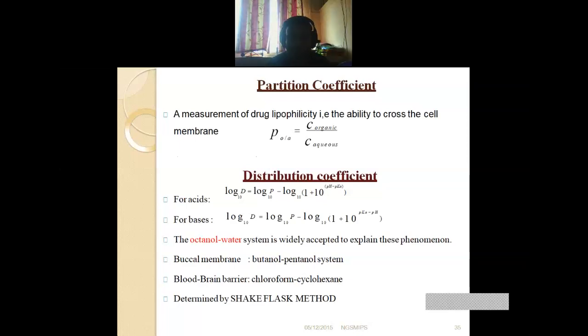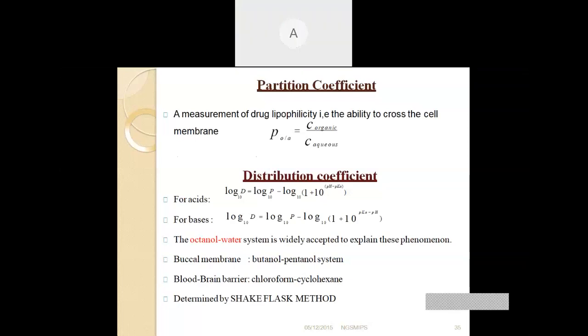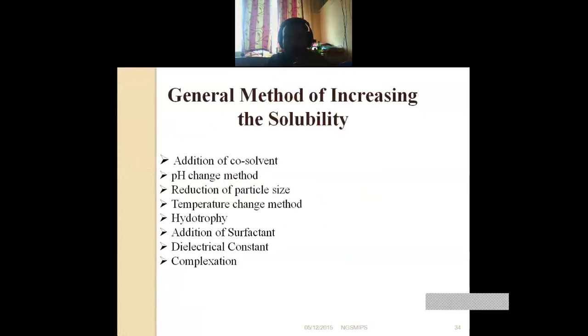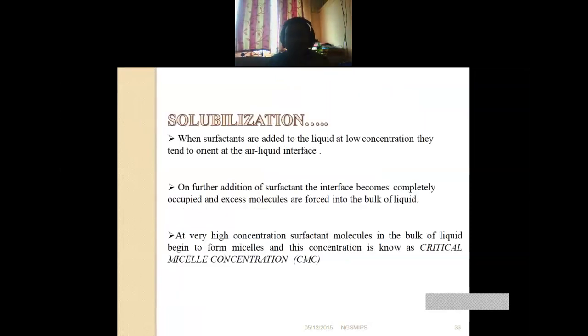Lipophilic means lipid soluble, and hydrophilic is water soluble. Our membranes are mainly lipophilic, made of lipids. So where the drug is absorbed, the membranes are mainly lipids.